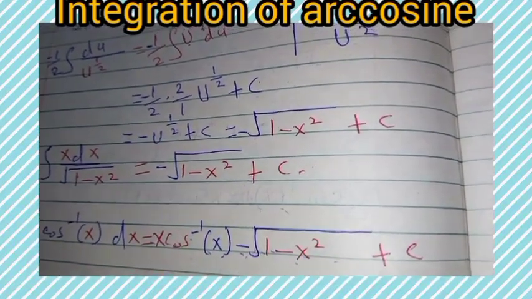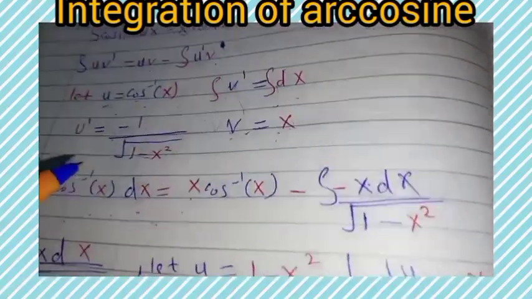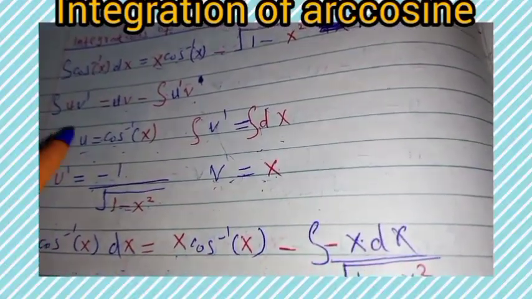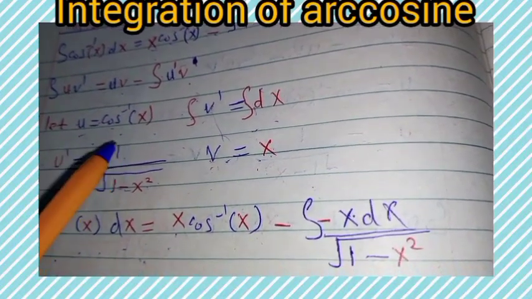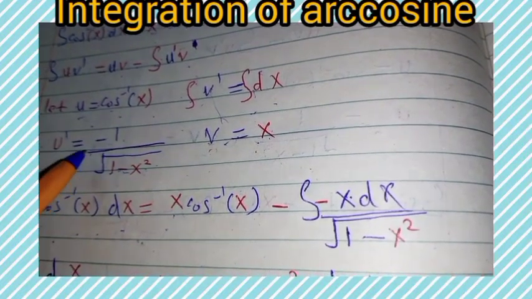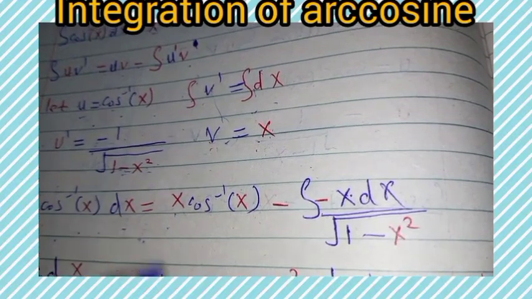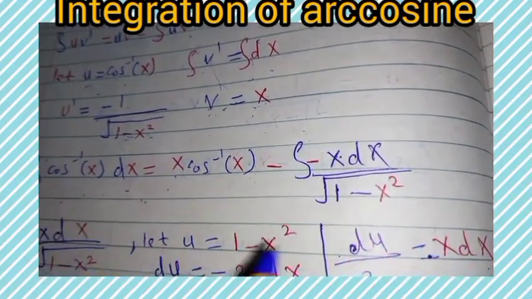To do this, it appears to be a bit lengthy, but provided you know how to integrate by parts and you have knowledge of calculus 1, which is differential calculus, that when you differentiate cos inverse of x the result is negative 1 divided by square root of 1 minus x squared, and you know how to integrate simple integrals, then it becomes simple.